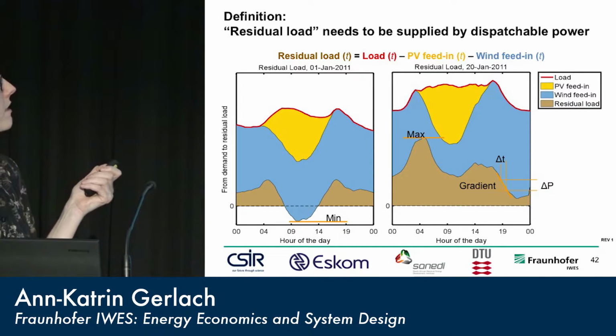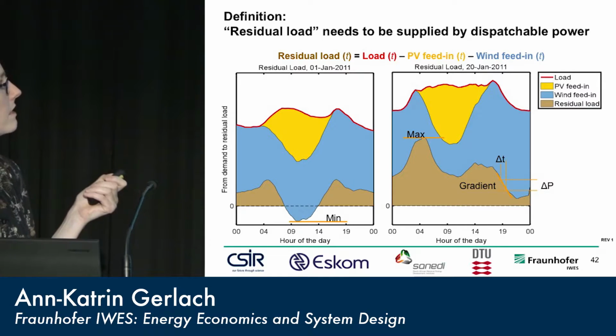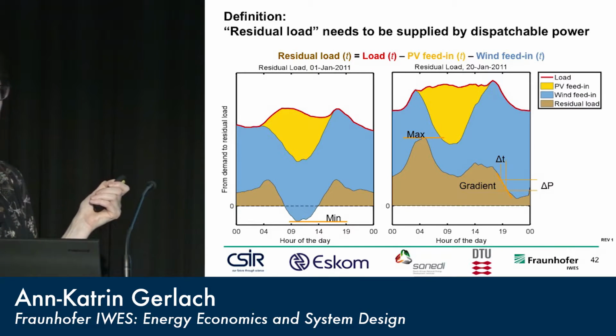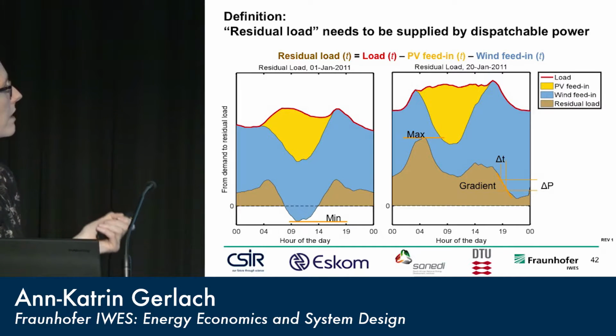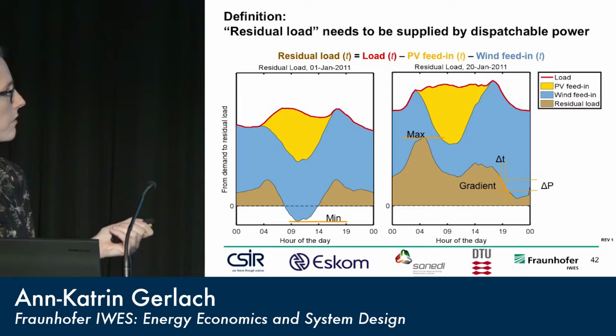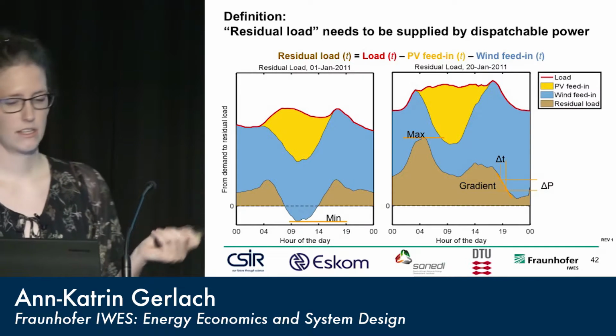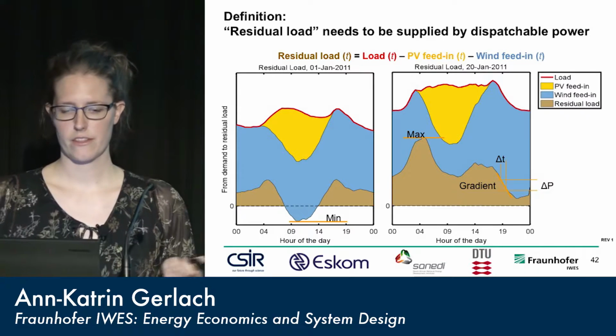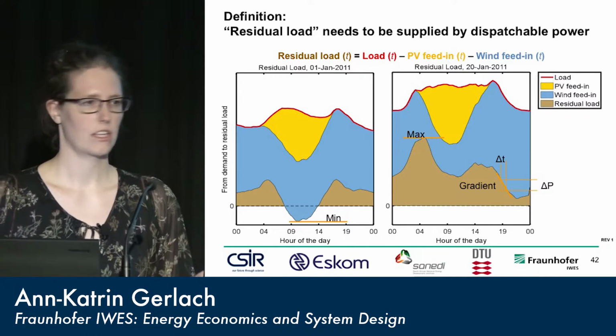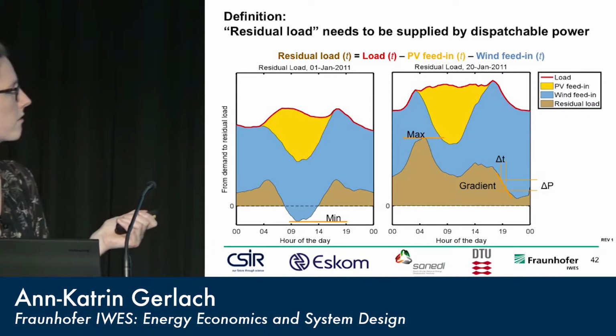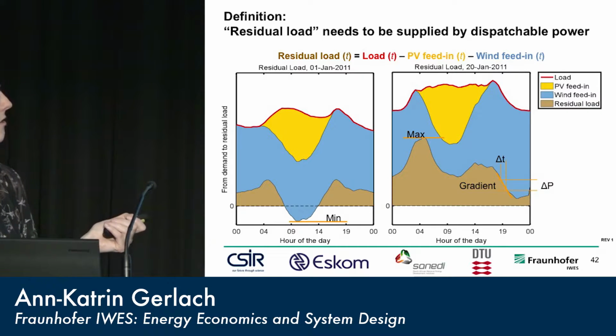So we have the demand here, and then this is given by PV, and this is given by wind. So only what's left would be this brown area, and well, flexible power plants have to feed in here. And here we have the minimum.